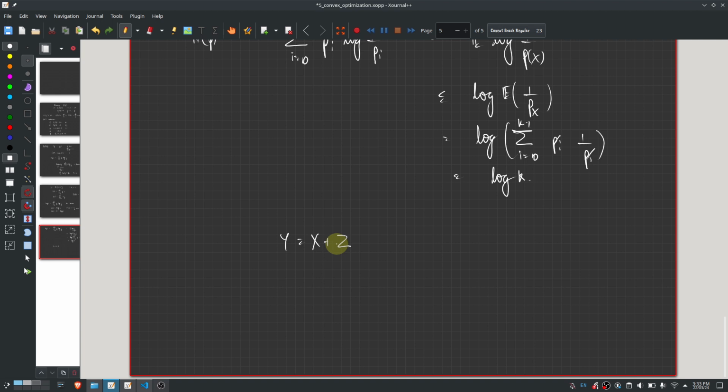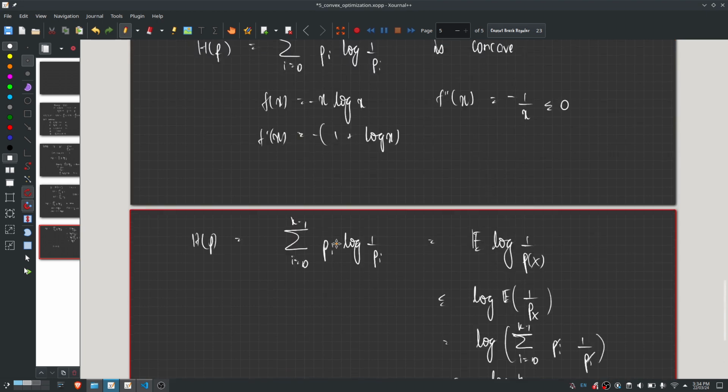Then you assume that the mean of z is equal to 0 or equal to something that you already know, and you try to maximize over all distributions having at most a certain variance or a certain noise power.